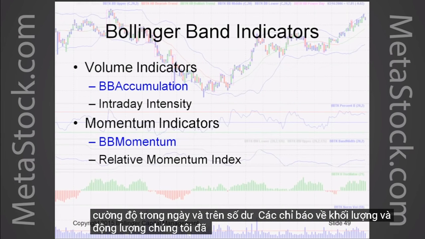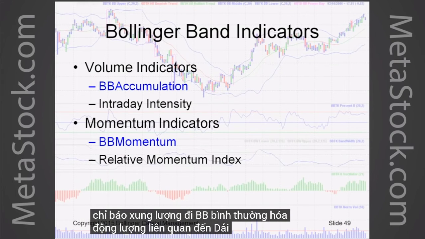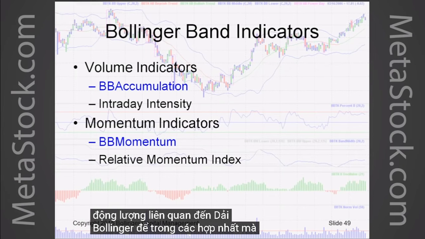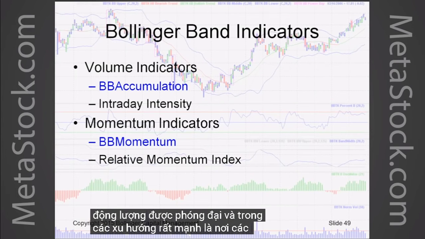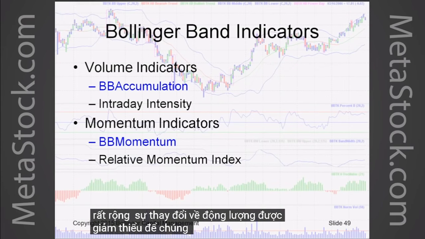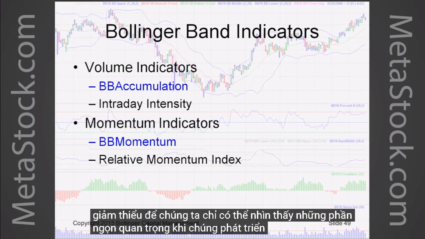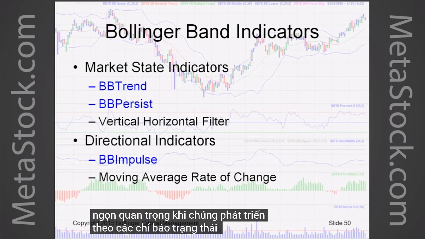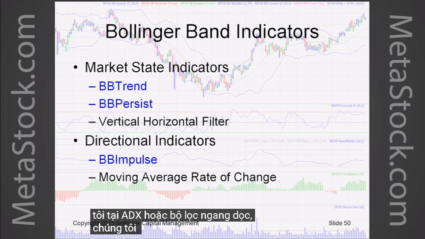In momentum indicators, we've created an indicator called BB momentum that normalizes momentum in relation to the Bollinger Band, so that in consolidations where prices are very tight, changing shifts in momentum are magnified, and during very strong trends where the bands are very wide, shifts in momentum are minimized so that we can only see the important tops as they develop.